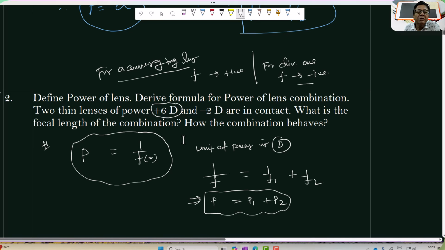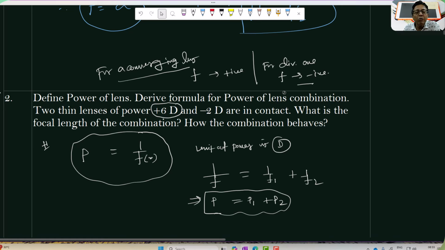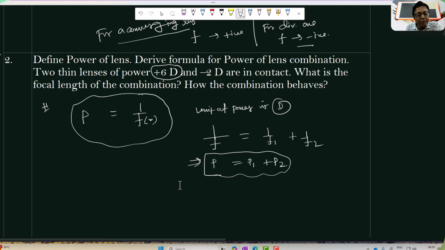So if you consider the power of this combination, that power will be equal to P1 plus P2, 6 minus 2, 4.